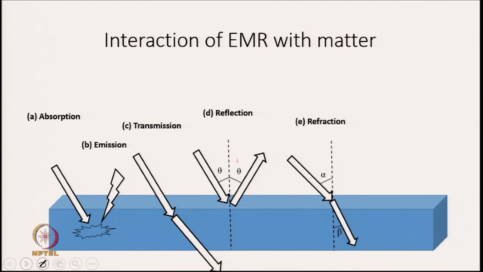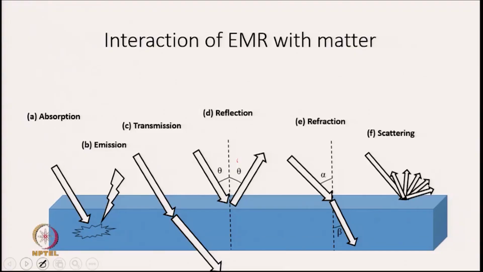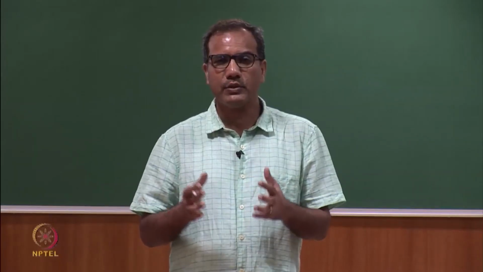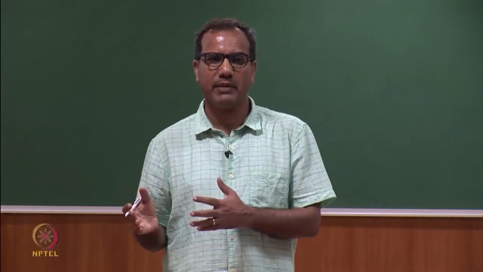It means it can undergo bending. And the other scenario is that light can be scattered by matter, and scattering can be in all directions. So, these are the 5 most common ways in which electromagnetic radiation interacts with matter.